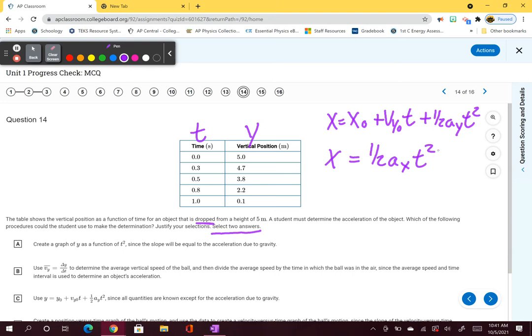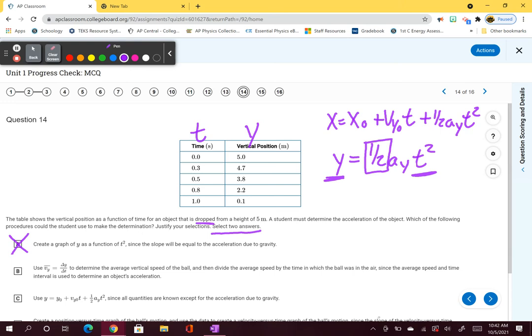So again, remember you can change all your x's to y's. It's wanting to do y as a function of t squared. That's where this equation is coming from, to get your acceleration. But they're not taking the 1/2 into consideration. So that wouldn't work because we still have this 1/2 in the equation.